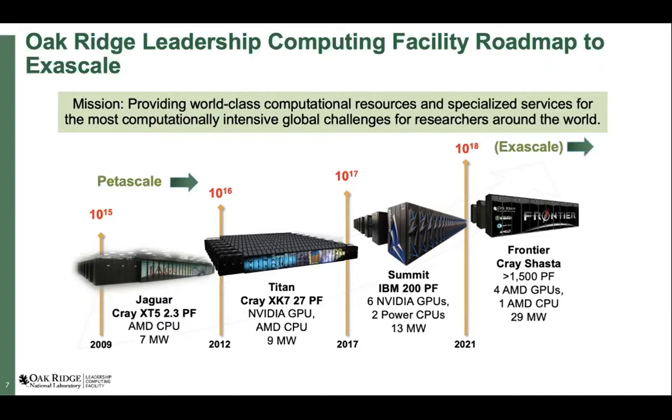The upgrade to Jaguar XT5, to 37K 6-core AMD Istanbul processors, happened in 2009, which increased performance by about 70% over its quad-core predecessor. And that was our first foray into being at the top of the Top 500 list.